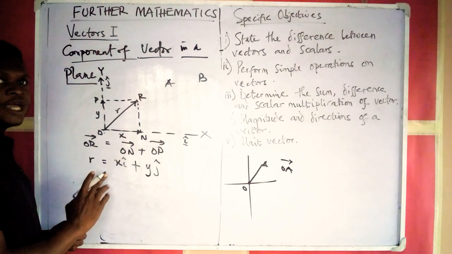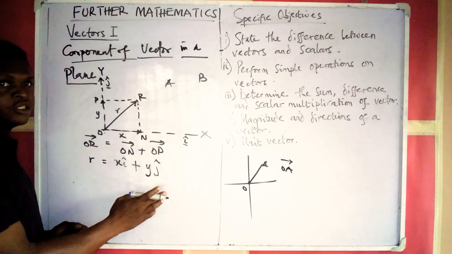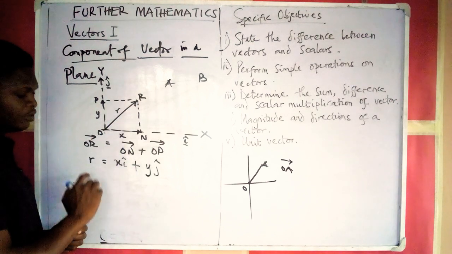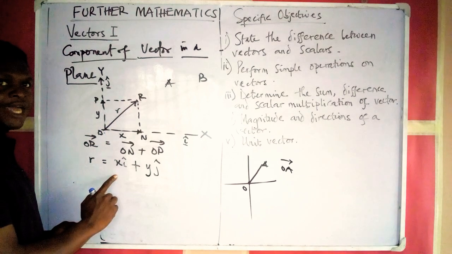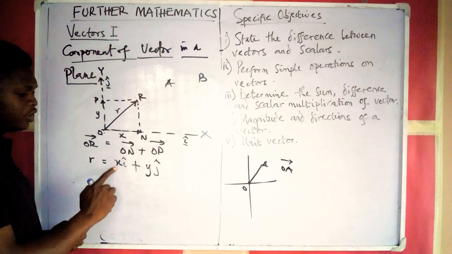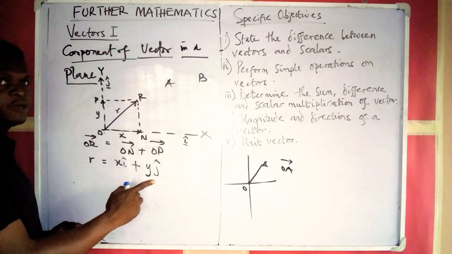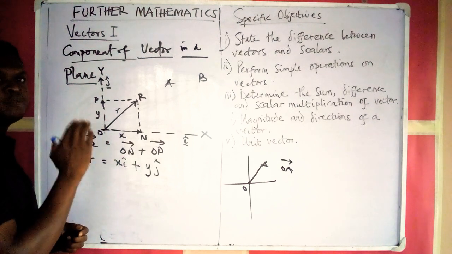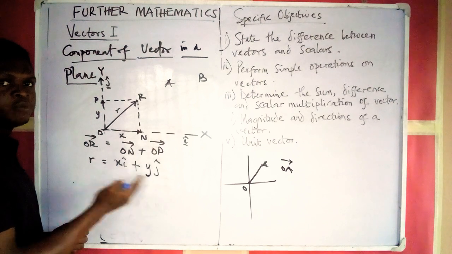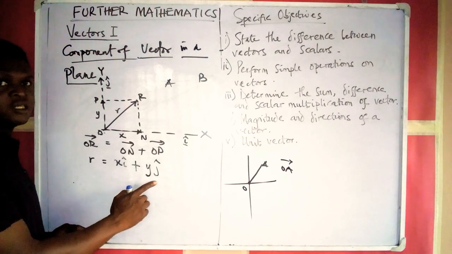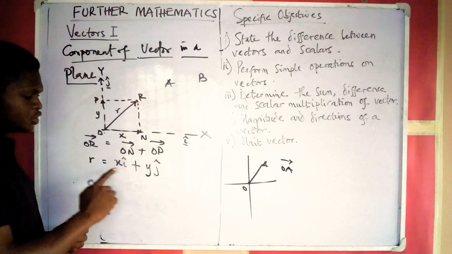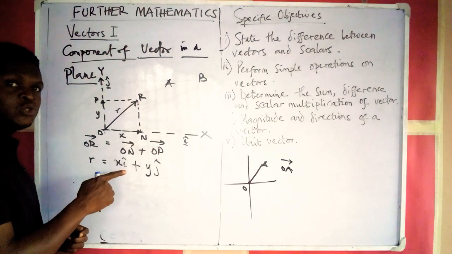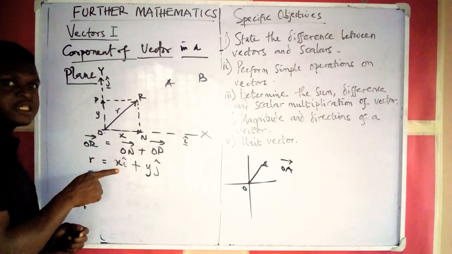So r equal to xi plus yj is the component of this resultant vector in the x and y direction, or in the horizontal and vertical direction. Remember, we said that it is a custom that any vector on a plane can be resolved into two components, which is the horizontal and the vertical component. So this is the magnitude on the horizontal, and this is its unit vector in the direction of x.